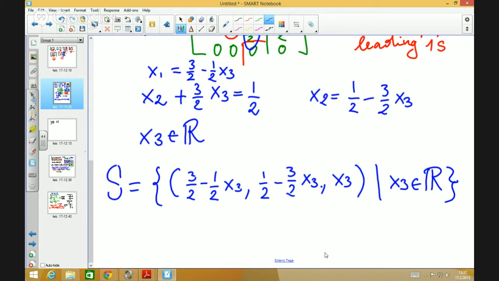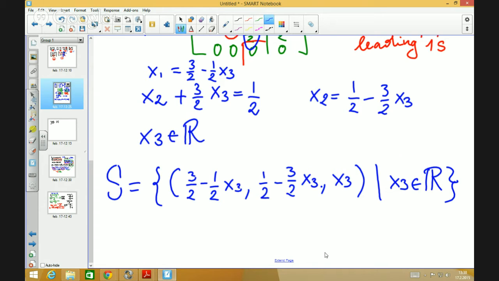Okay, so the important message of this example, and that's the only important message, not the calculations, because machines can carry those out for us: once you put your system of equations into reduced row echelon form, or simply row echelon form, you have a number of leading ones which is smaller than the number of variables, and you don't have rows that indicate inconsistency, like a row 0, 0, 0 that should be equal to 34, which is not possible for a non-zero number, then you have an infinite number of solutions.